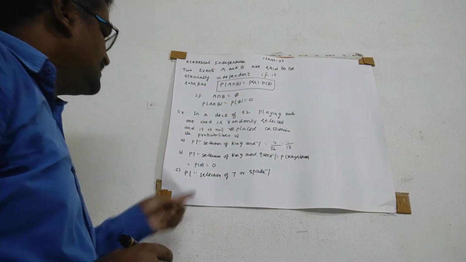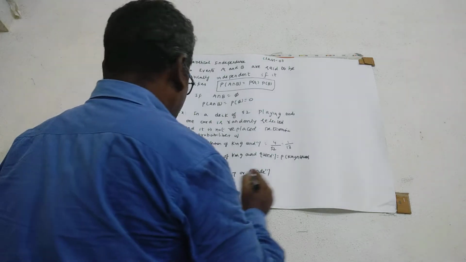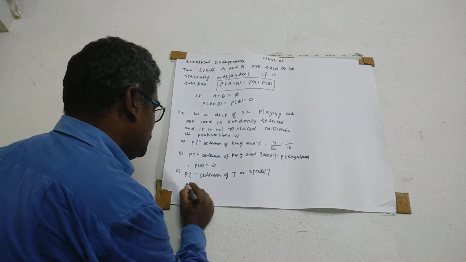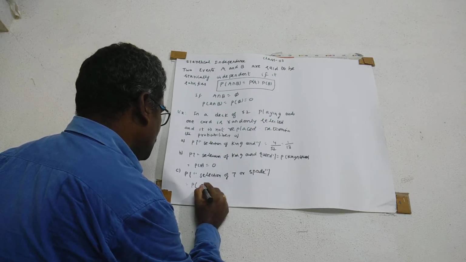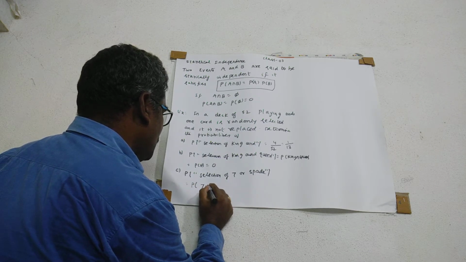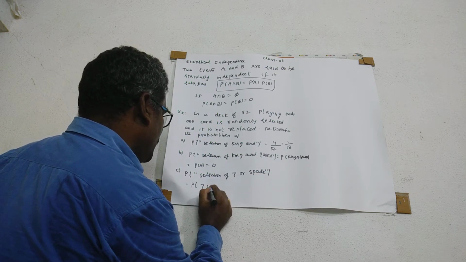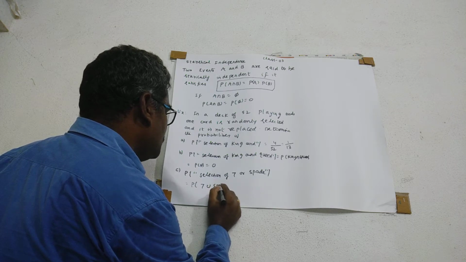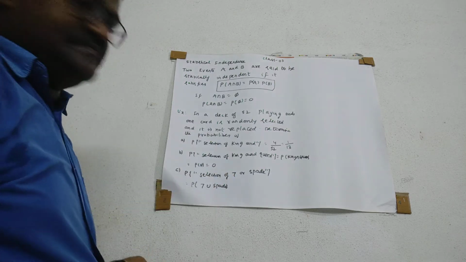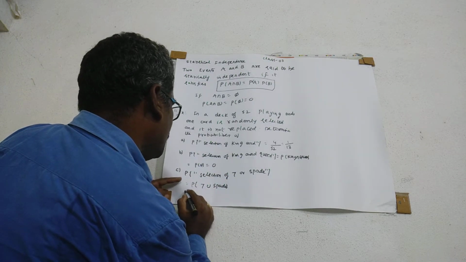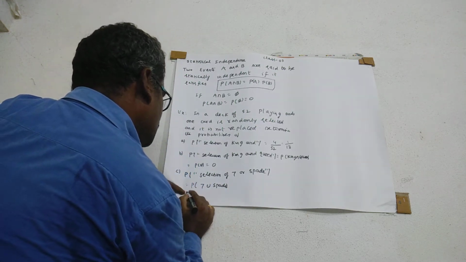It is simply represented as the probability of 7 or spade, that is, the union, something like P of A union B. First I am representing the formula, then we can proceed to the application.